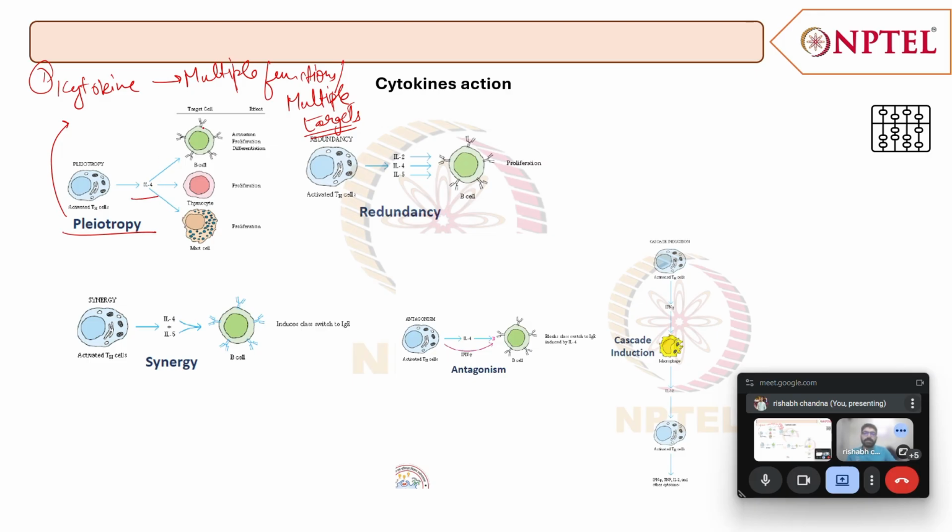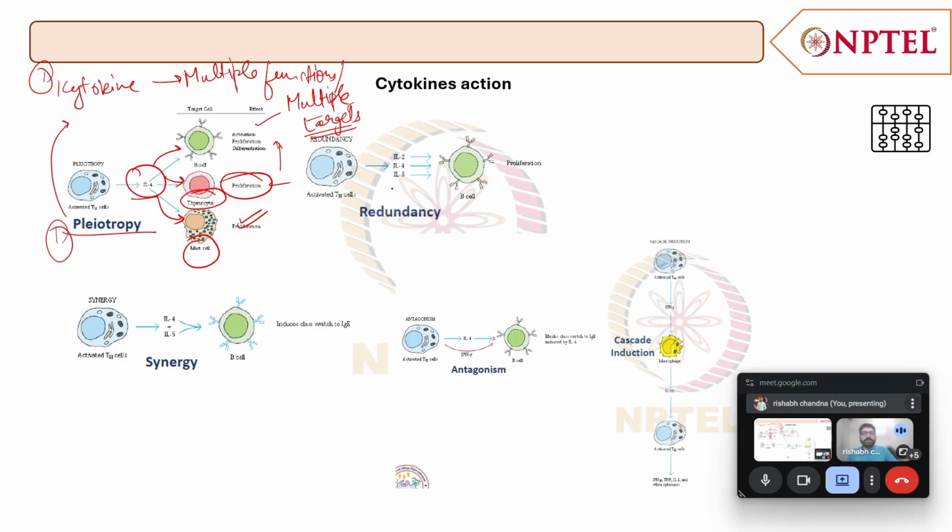It acts on the B cell, leading to its activation, proliferation, and differentiation. The second target is thymocyte, where it leads to its proliferation. The third one is mast cell, where IL-4 also helps in its proliferation. So this is a pleiotropic effect of IL-4 on B cell, thymocyte, and mast cell. In all three cases, it is helping in proliferation. So here the targets are different, but the function is the same. This is the pleiotropic effect of the cytokines.